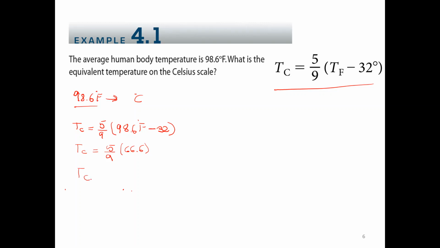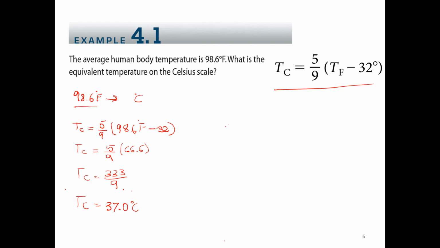Then we multiply by 5 first, and if we multiply 66.6 by 5, we get 333, divided by 9. And finally we have 37.0.